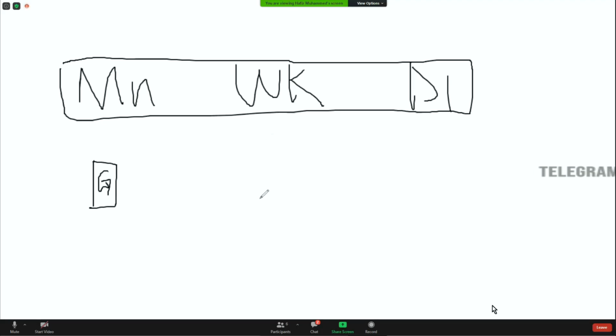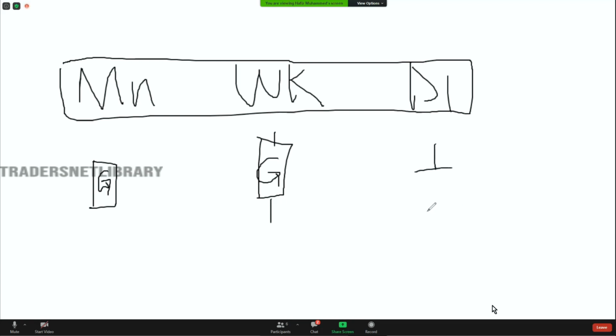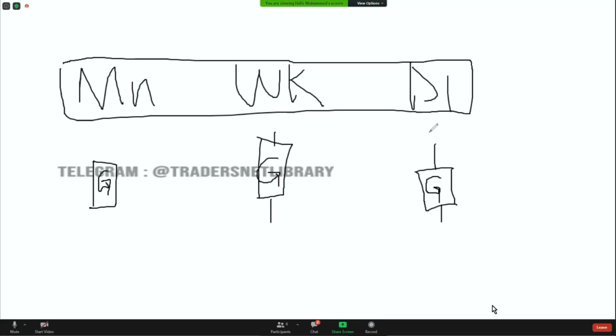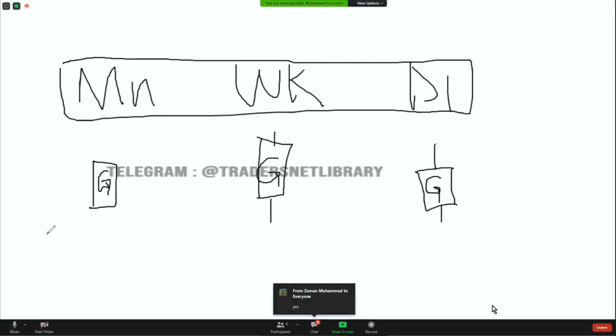You have to make sure that the current candle on the weekly time frame is green. And you have to make sure that the last day or the previous day candle is also green. You understand this? So basically, you're looking for this.